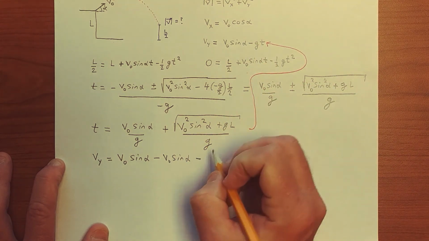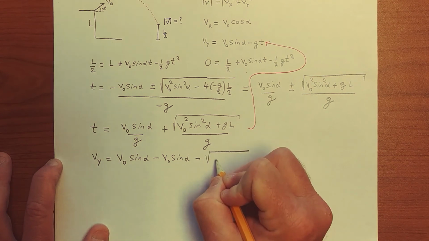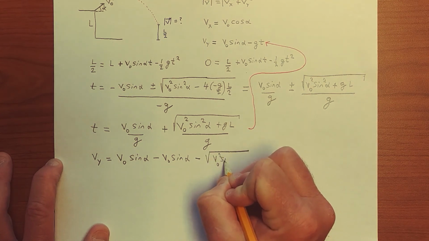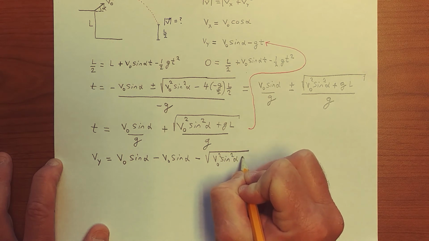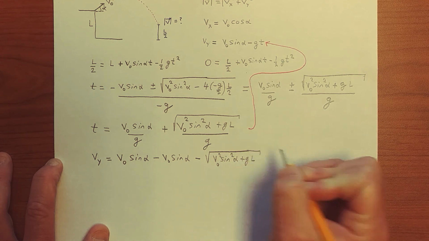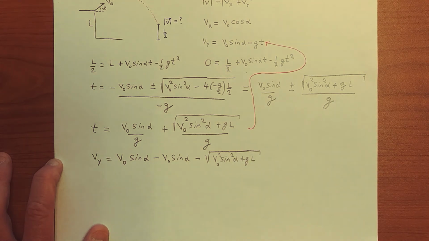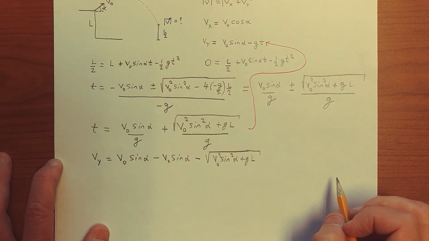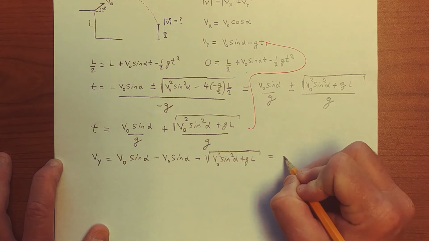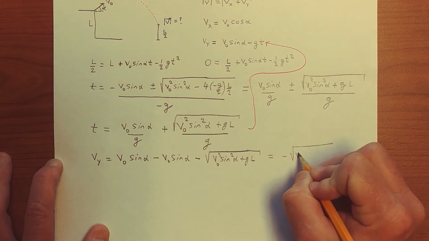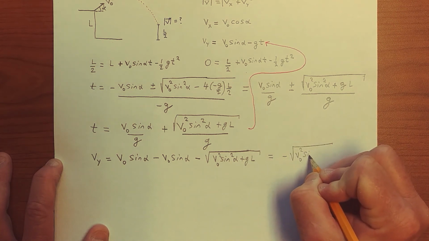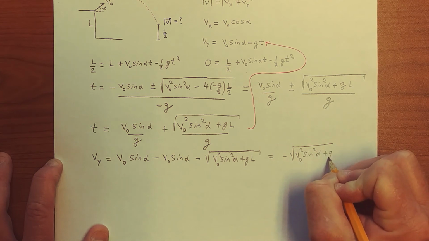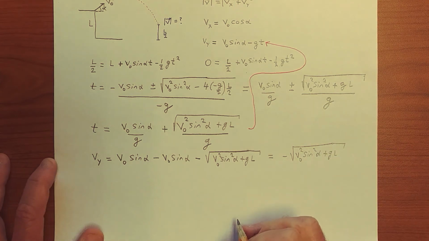So we have minus the square root of V naught squared sine squared alpha plus GL. And so this cancels with this. And so we end up with a minus square root of V naught squared sine squared alpha plus GL. And we have our Vy.